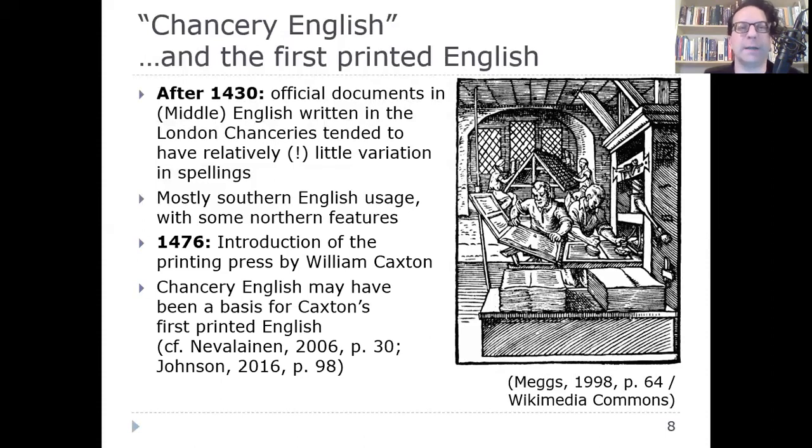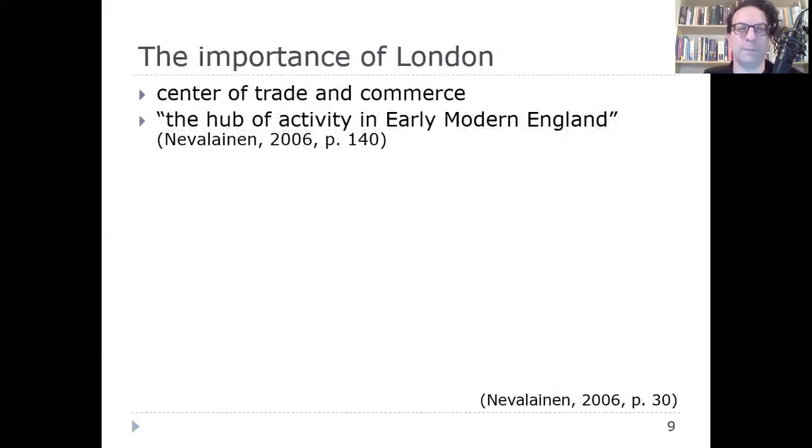This was already sort of a form of written English which tended to have relatively little variation. And then Caxton, of course, in his first printed works was also trying to always use the same spellings, but this wasn't always easy for him. And we'll see that in a few minutes, what this means.